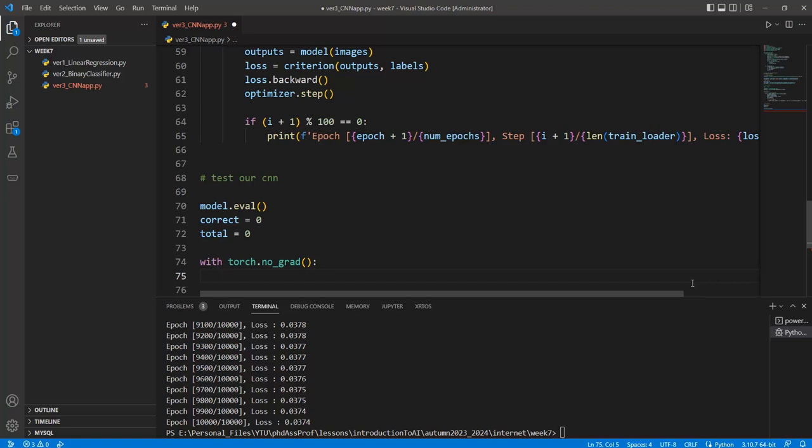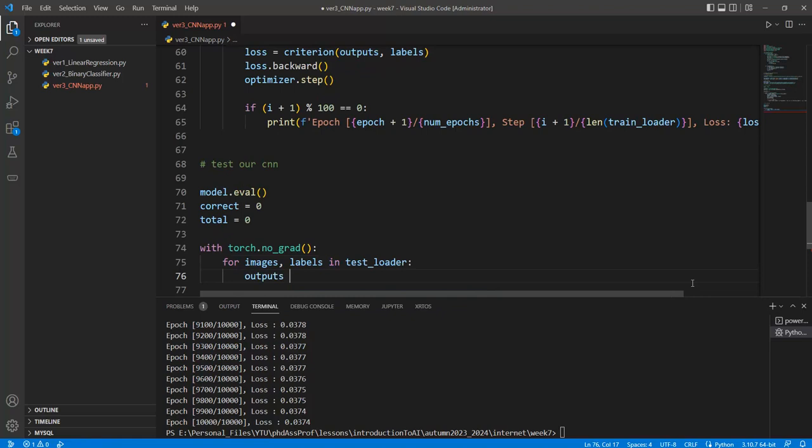We have informed the Torch library by using these terms. And so for images and labels in test loader, the outputs should be calculated with the model of the image, okay?